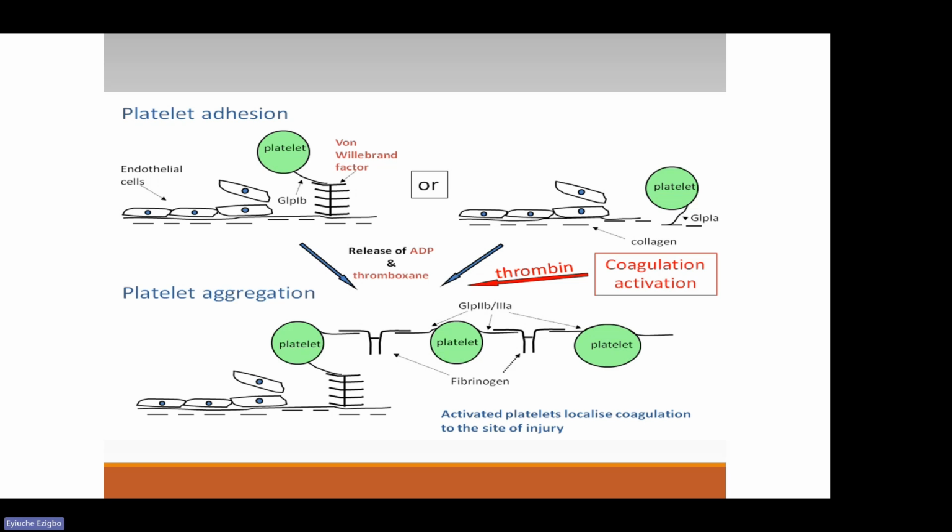Activated platelets localize coagulation to the site of injury. These activated platelets make it possible for the process of coagulation to be centrally localized. It's not something that will spread throughout the vascular system causing coagulation everywhere. There's a system that makes sure that the site where the injury occurs is the site where the coagulation mechanism is taking place.